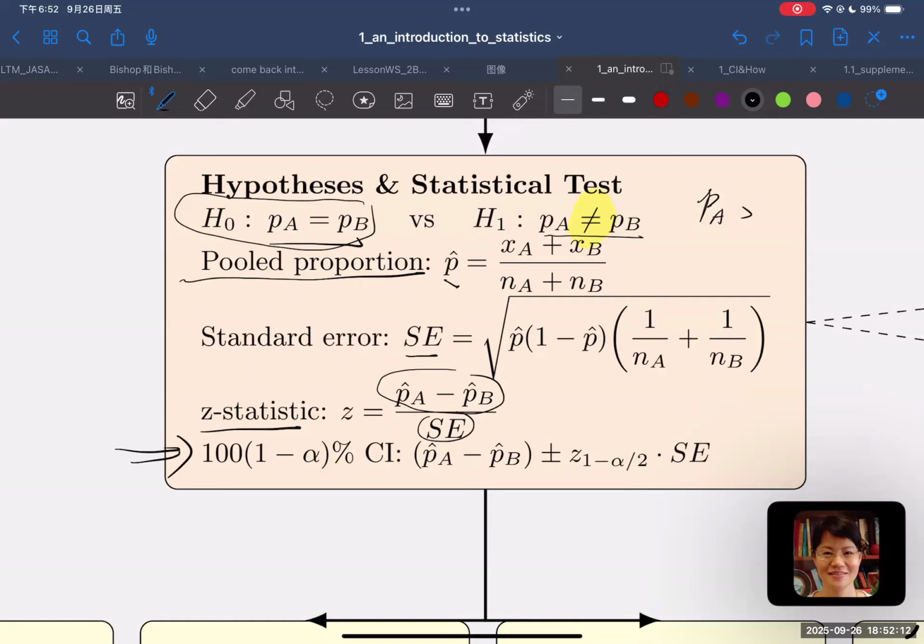So when you have this one, attention, it is written in lowercase. Do you see my writing here? So this is a p-value.